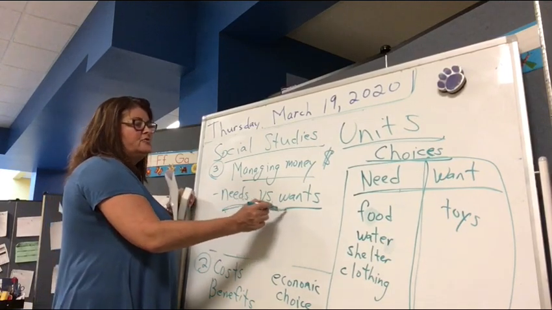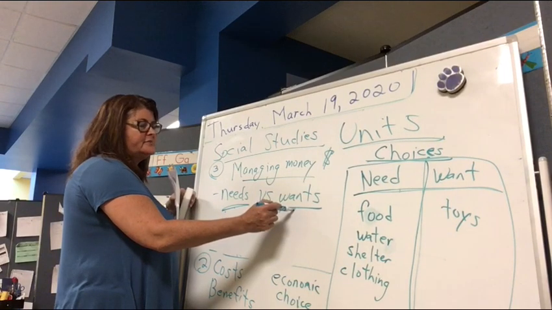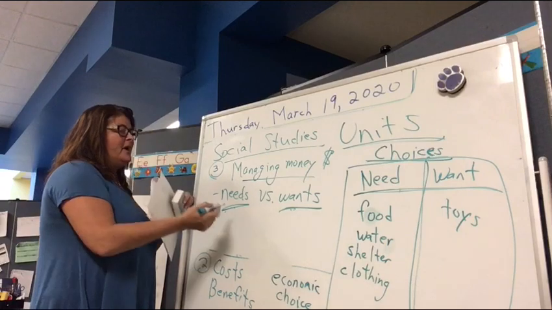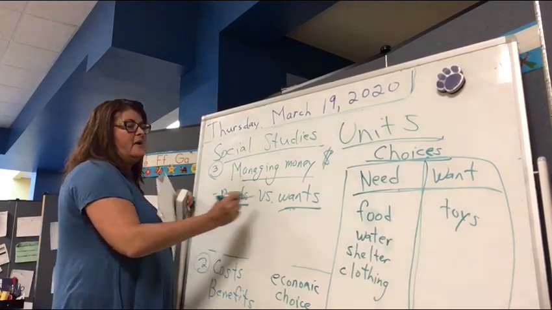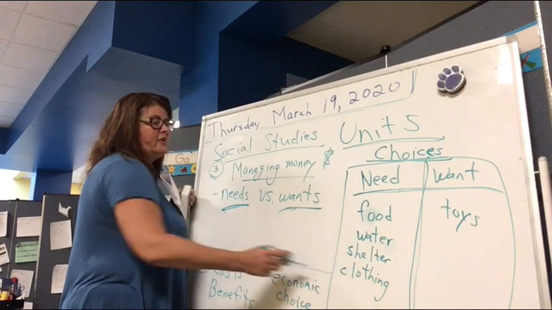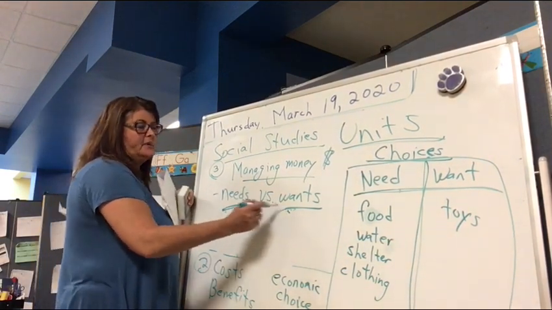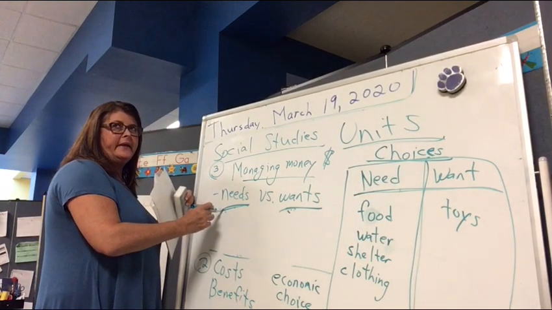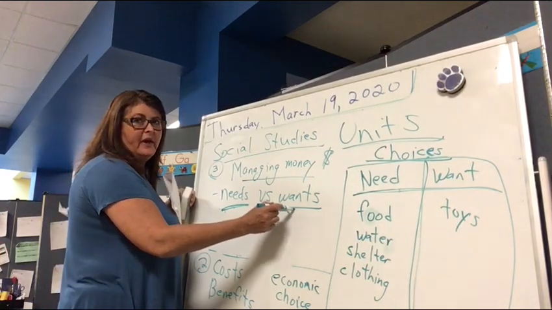You do not need to have money for your wants, but everybody wants a want. But your needs really need to come first. You need to buy food, water, shelter, and clothing before toys. You need to buy healthy food, chicken, steak, before you buy the cookies and the ice cream.